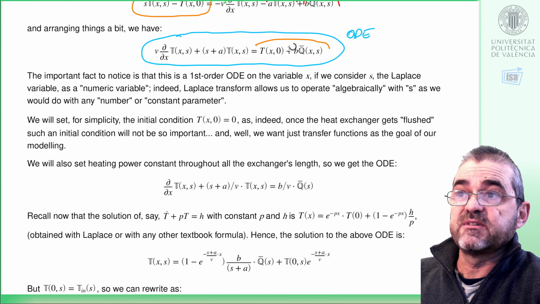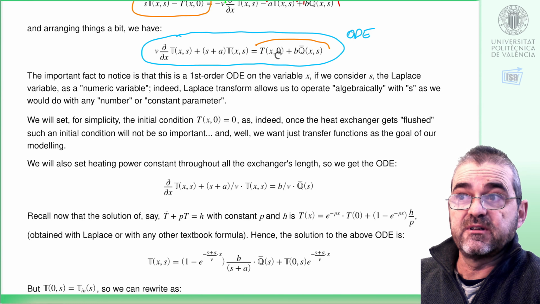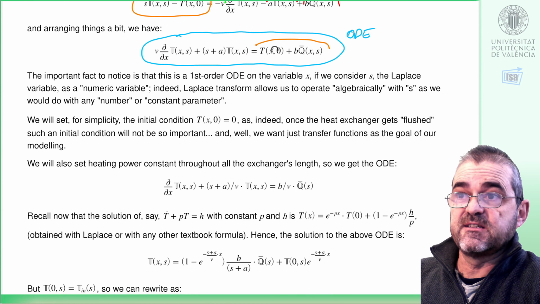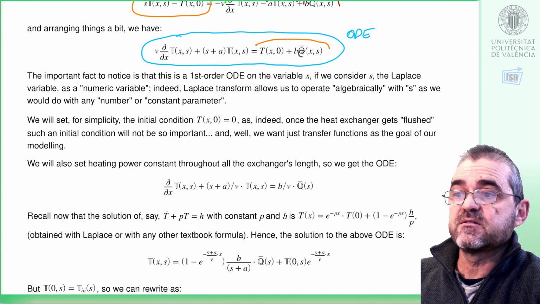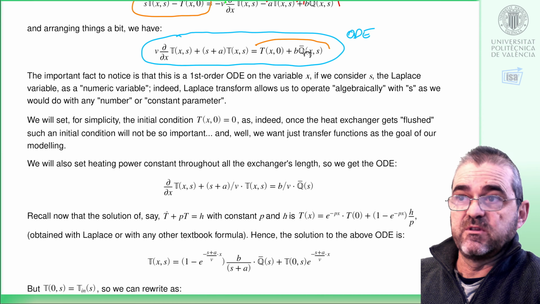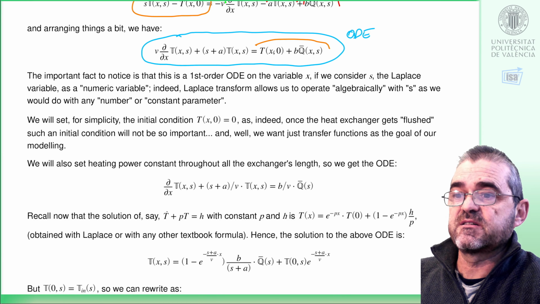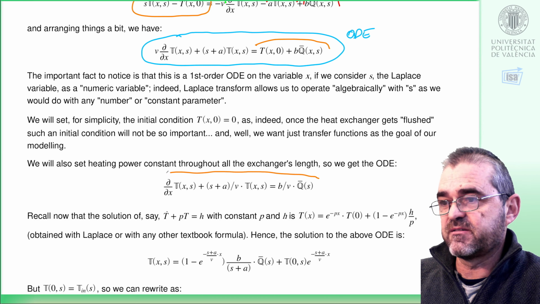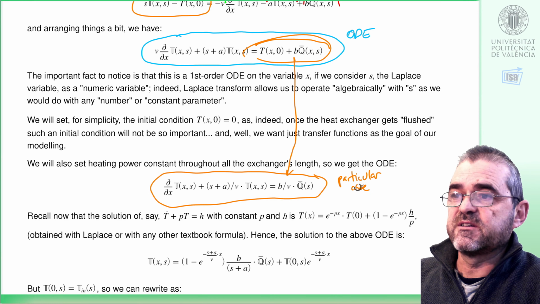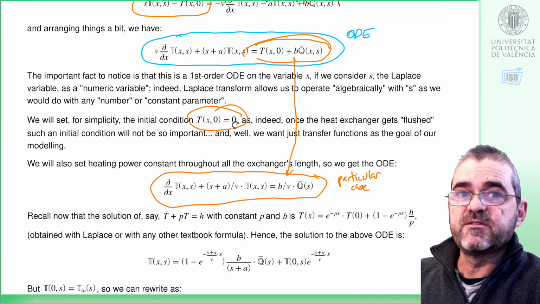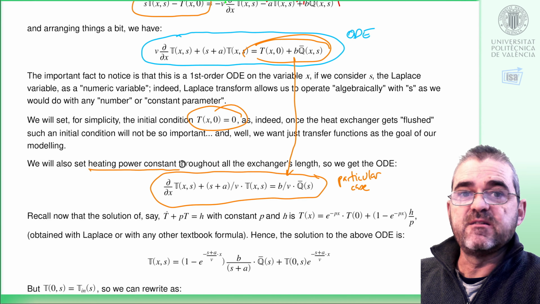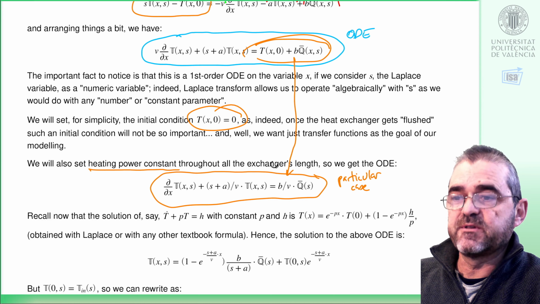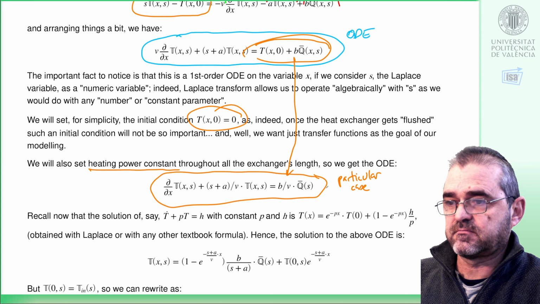If Q is an input and initial conditions are also known, then this is, in generic terms, a known function of x and s, so we can do the same things later, but to keep things simple, we will just consider this particular case of 0 initial conditions and uniform heating power throughout all the exchanger's length.